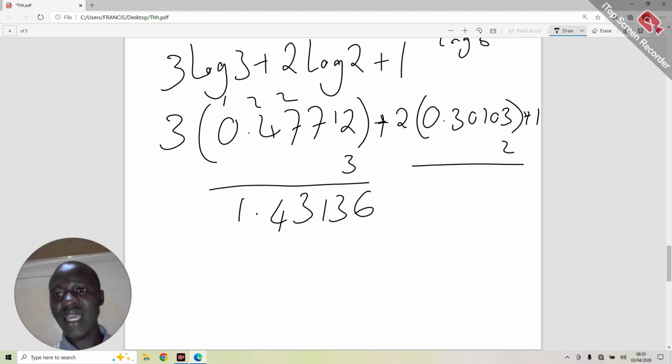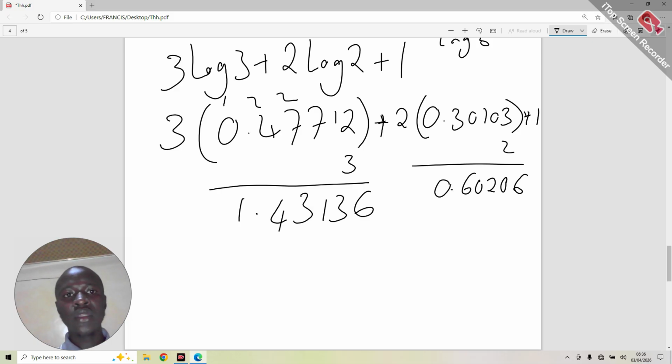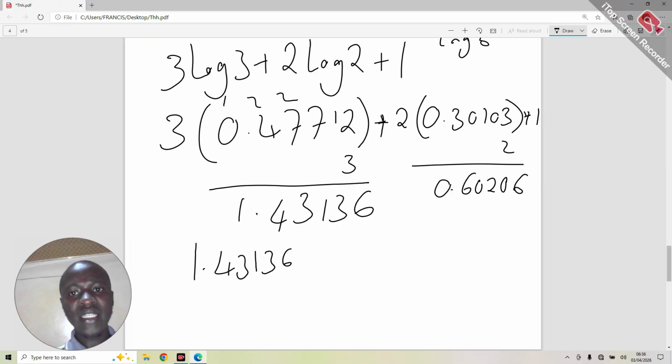Then on this other side, we have 6, 0, 2, 0, 6, then 0. So adding up, we have 1.43136 plus 0.60206, then plus 1.